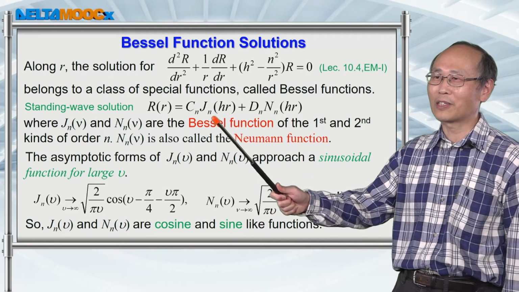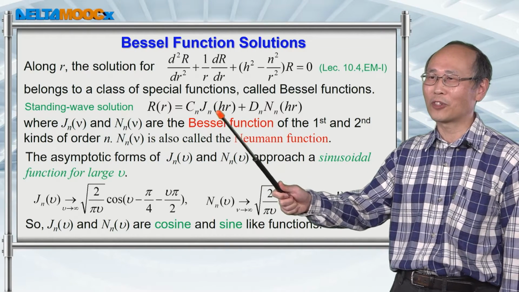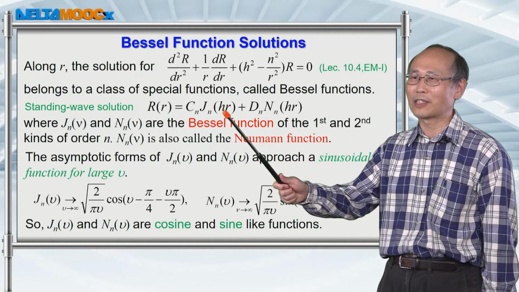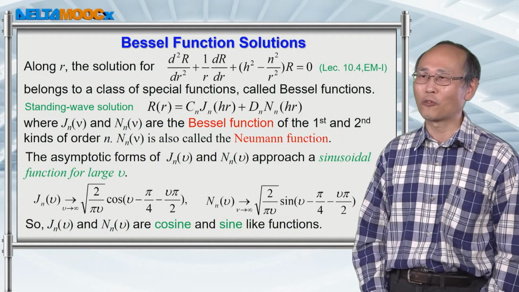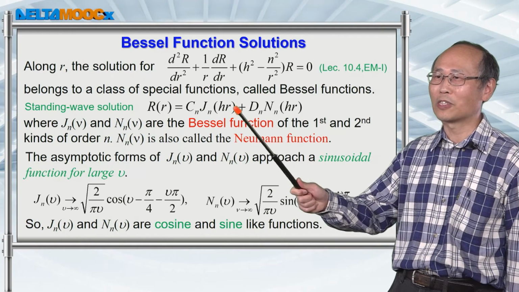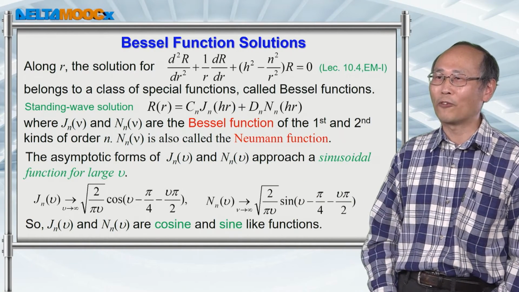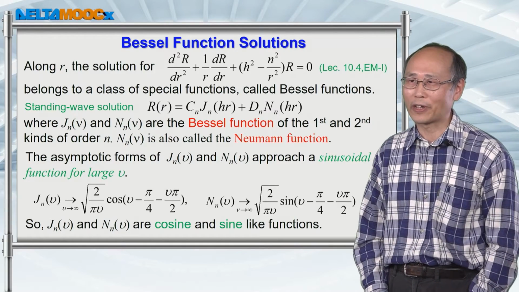So when you write down the Bessel functions of the first and second kind, bear in mind that the solution is very much like a sinusoidal function. So we can use these Bessel functions to describe the field inside a cylindrical waveguide.